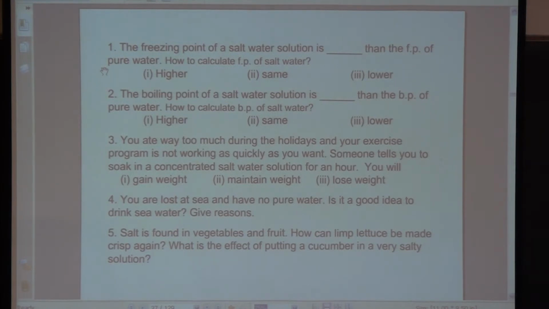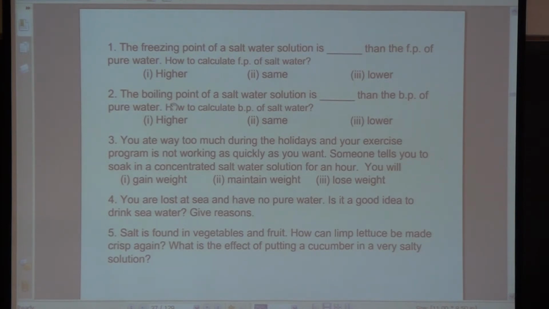So that melts the snow, which means what's it doing to the freezing point or melting point of water? It's lowering the freezing point of the water. So by adding a solute to water, that's going to lower the freezing point. That's why it's called freezing point depression.